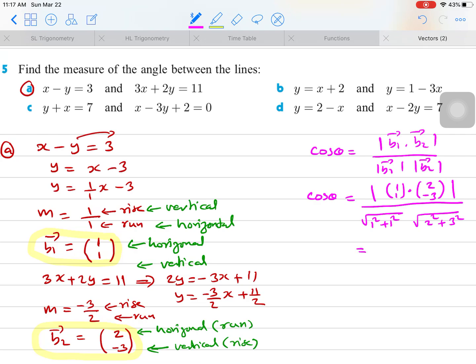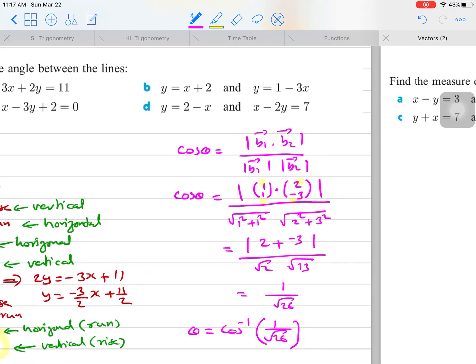For the dot product, I multiply the i coefficients together, 1 into 2, and then plus 1 into minus 3, the j coefficients. 1 into 2 is 2 plus 1 into minus 3 is minus 3. Absolute value, of course, divided by root 2 into root 13, which is minus 1. Now the absolute value of minus 1 is 1 in the numerator, so divided by root 26, and so theta would be cos inverse of 1 by root 26.